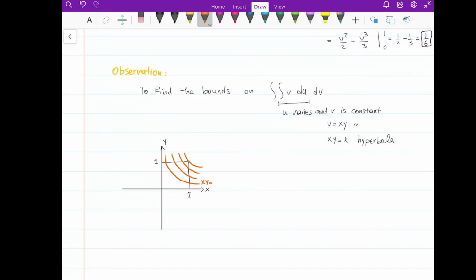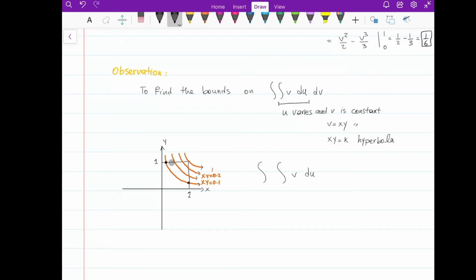When xy equals, for example, 0.1, or xy equals, for example, 0.2, something like this. So when I want to set up the bounds, I can say v du, and these hyperbolas enter the region at this point and leave the region, for example, at this point.